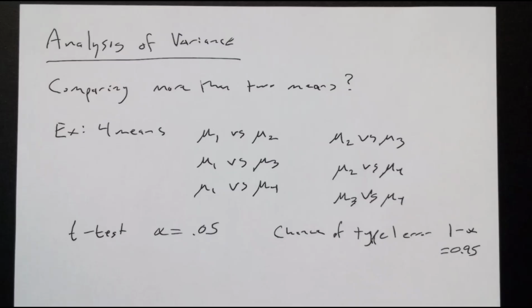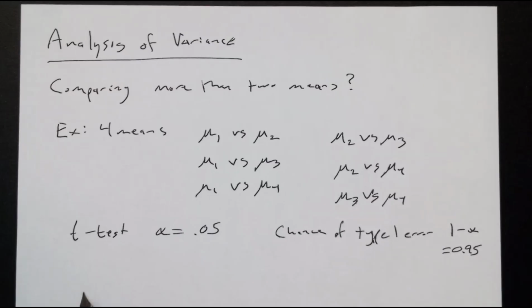I can think of it this way. Probability of any one test having an error is 1 minus the chance of no errors. What's that number?